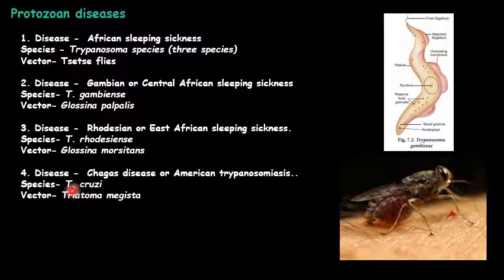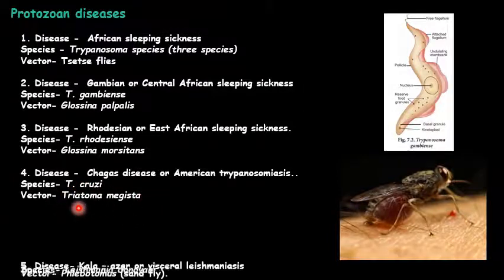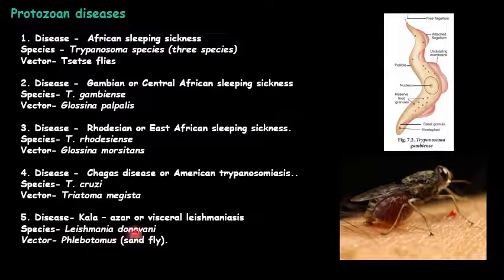It is caused by the same genus but a different species, Trypanosoma cruzi, and the vector for this is Triatoma magista. Then we have Kala-azar or visceral leishmaniasis. As the name suggests, it affects the visceral part of the host organism, and it is caused by the Leishmania donovani species. The vector which spreads this disease is the sandfly.